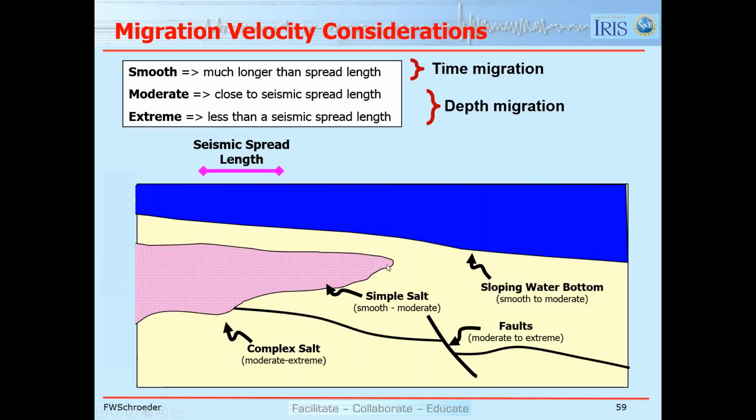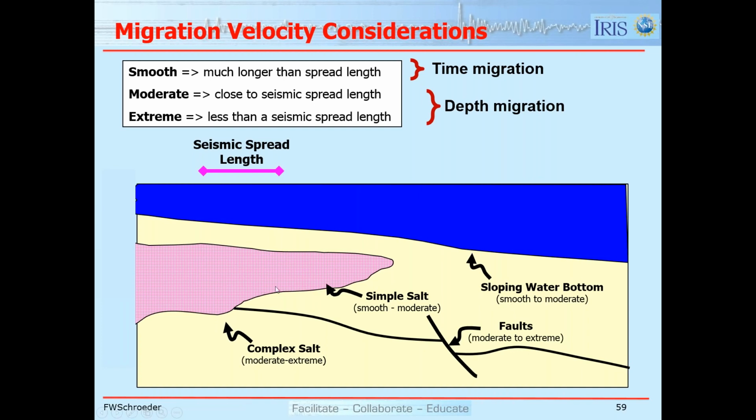So one of the things we worry about is how quickly do the velocities vary laterally, and this is the spread length. So this would be the distance from the nearest receiver to the furthest receiver. So that might be 2 kilometers or 5 kilometers or 8 kilometers. This pattern in here is meant to represent salt.